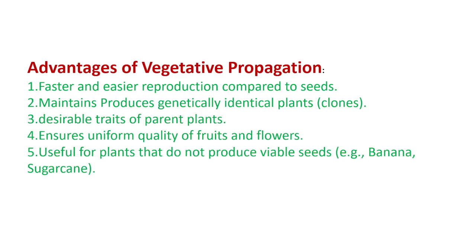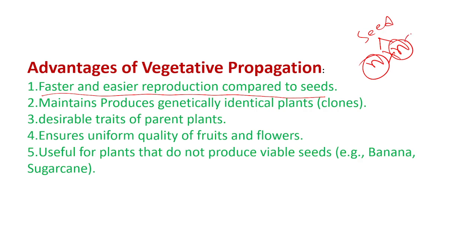Now we discuss the advantages of vegetative propagation. Vegetative propagation is a faster and easier reproduction compared to seed. With seed, male and female fertilization is required, which is a long time process.